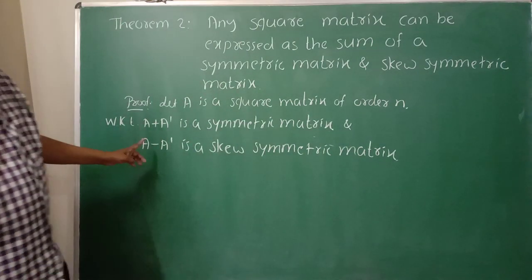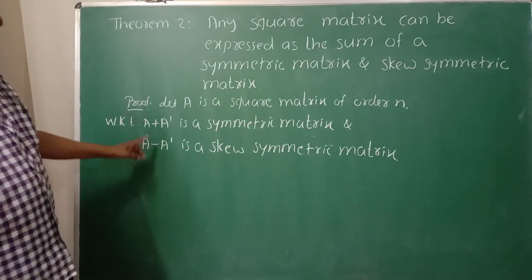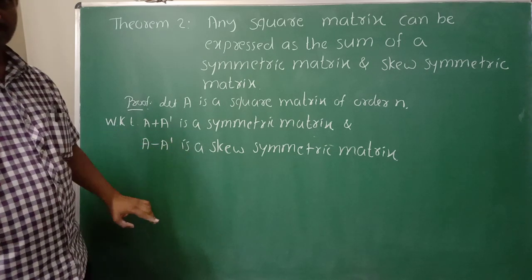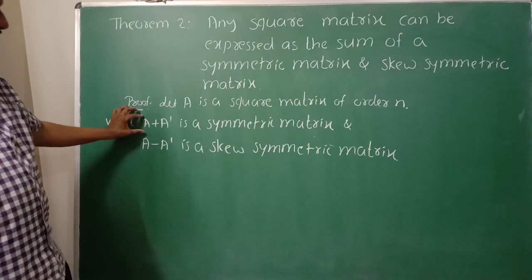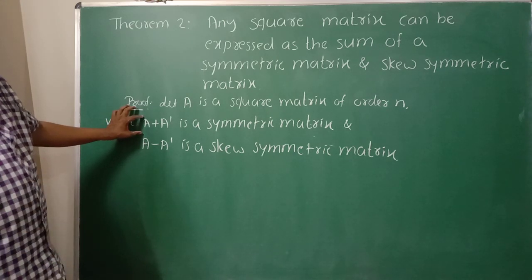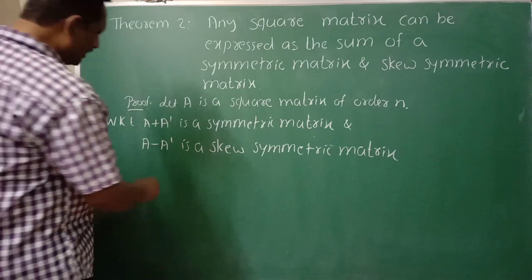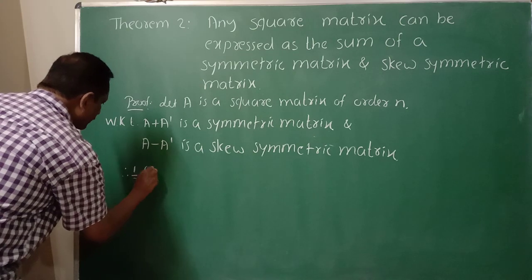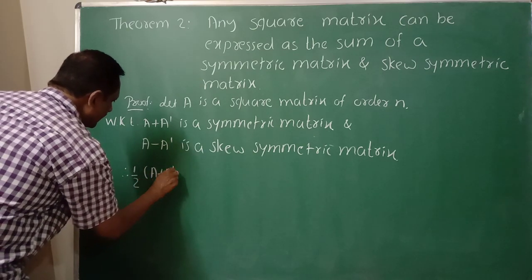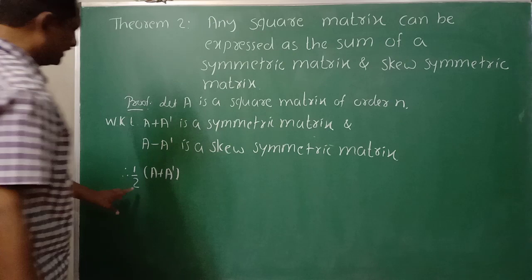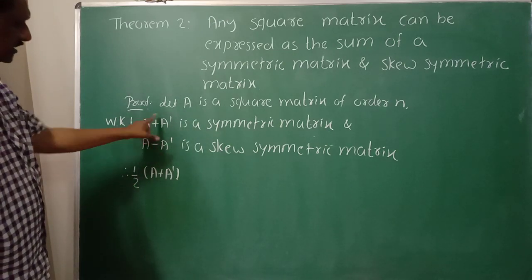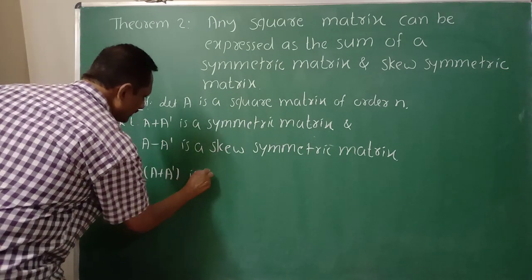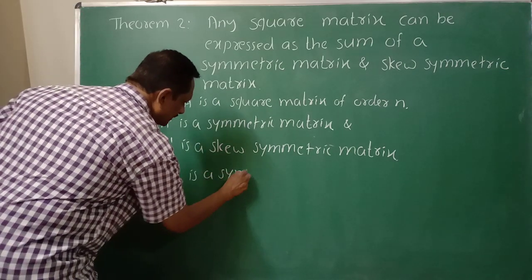If you multiply any constant to this matrix, again it is a symmetric matrix only. Therefore just multiply this term by 1 upon 2. 1 upon 2 into (A plus A dash), here 1 by 2 is a constant, is a symmetric matrix.